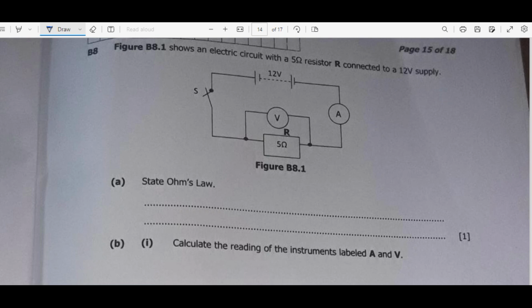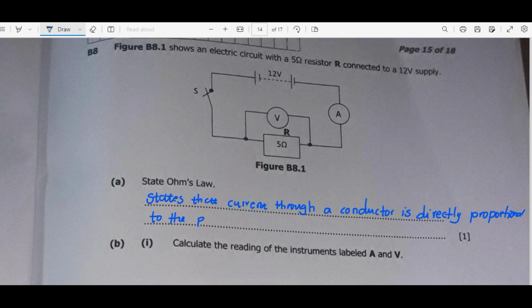So we can say Ohm's law states that current through a conductor is directly proportional to the voltage provided all conditions remain constant.